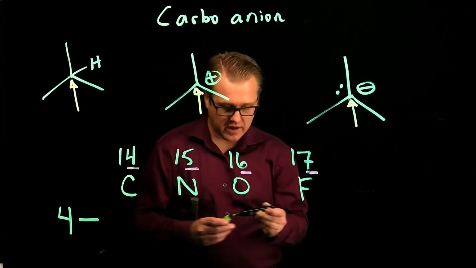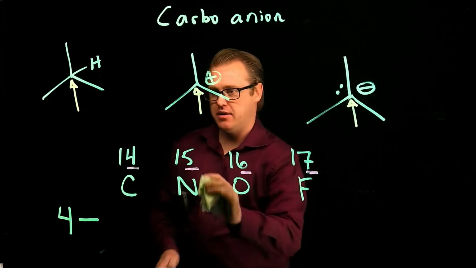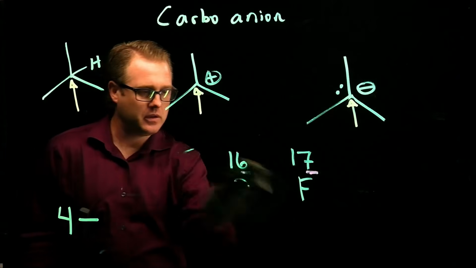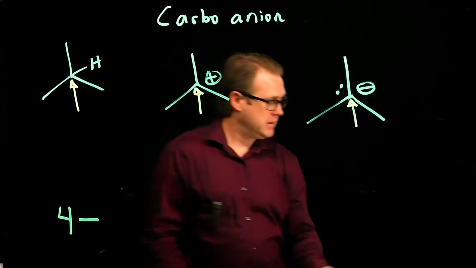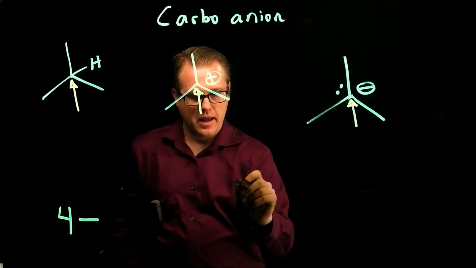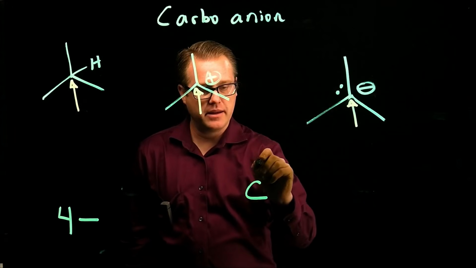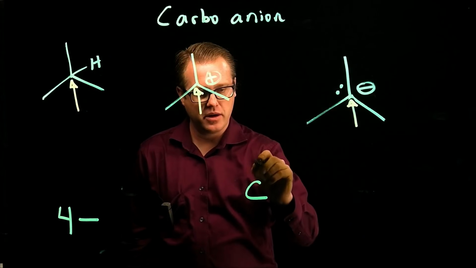So I'm going to come over here. Well, I'm going to actually erase this, and I'm going to draw it out so we can visually get an understanding of what's going on here.